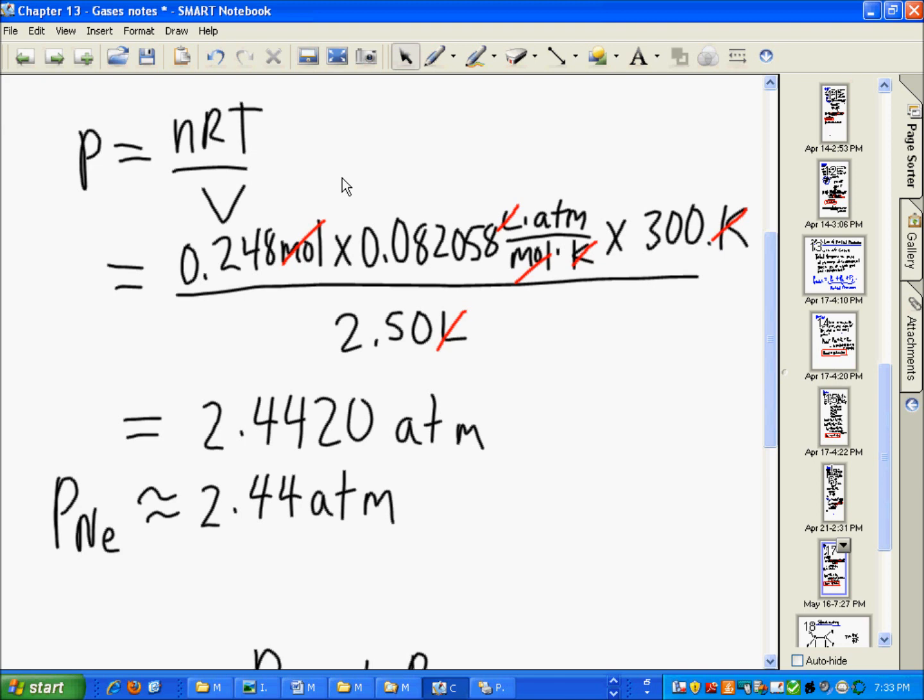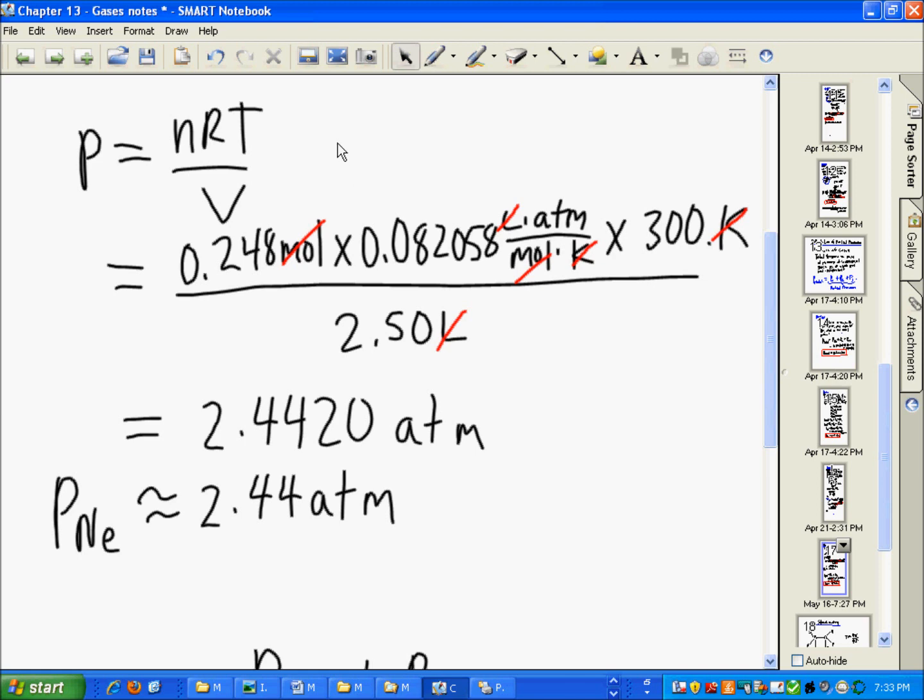What do you mean, the total number of moles? Just, once we had calculated the moles of helium and the moles of neon, we could have just added those moles together and used the total number of moles to do the calculation once.